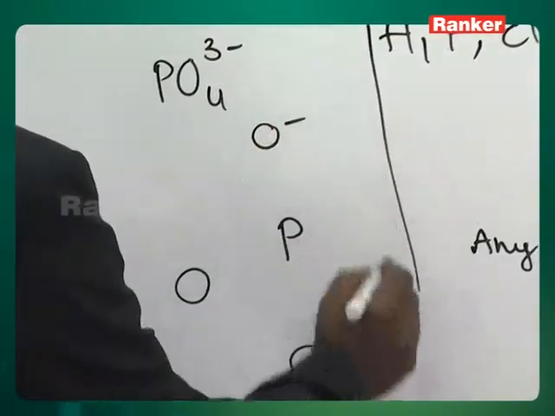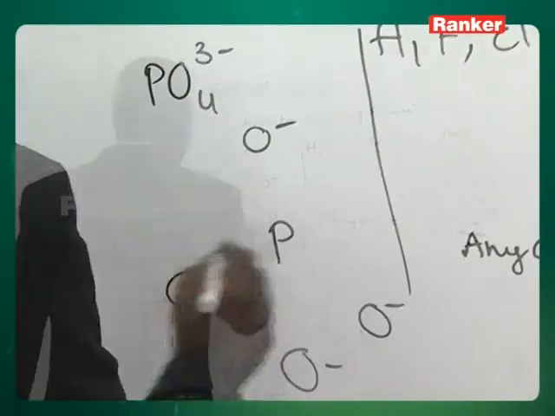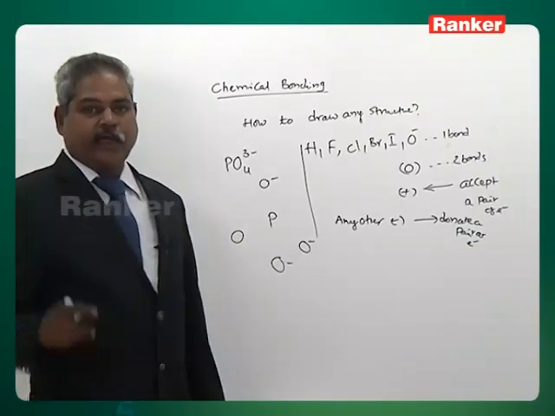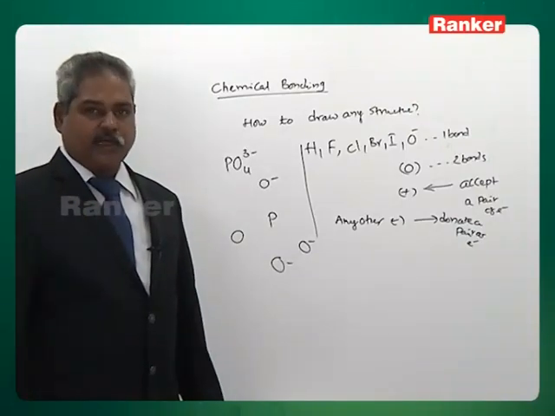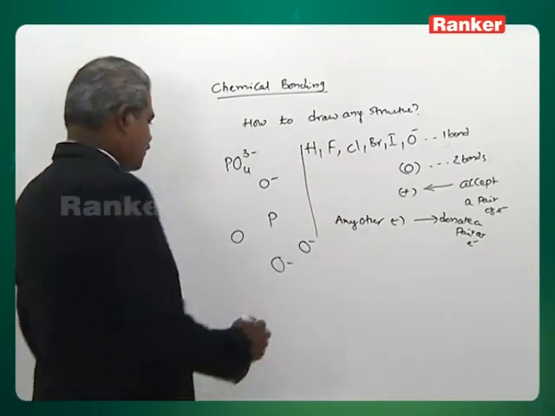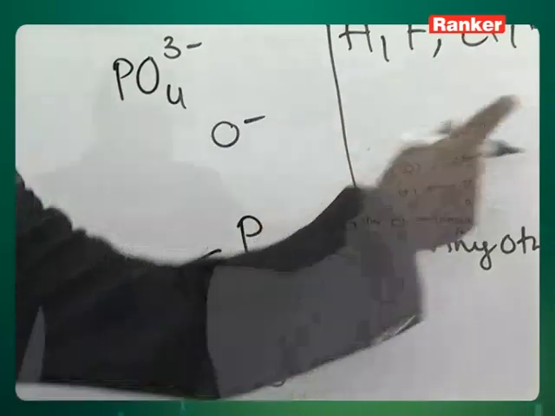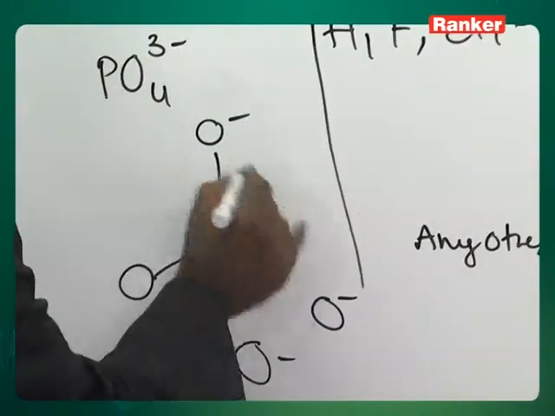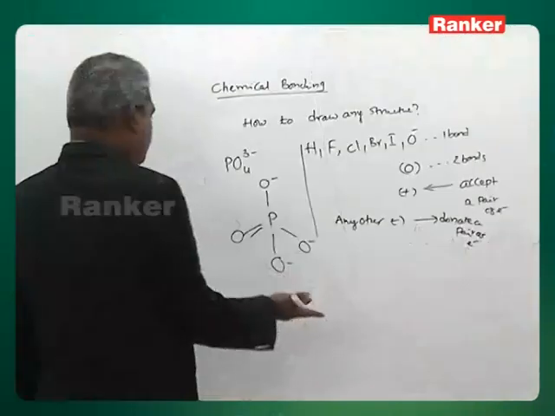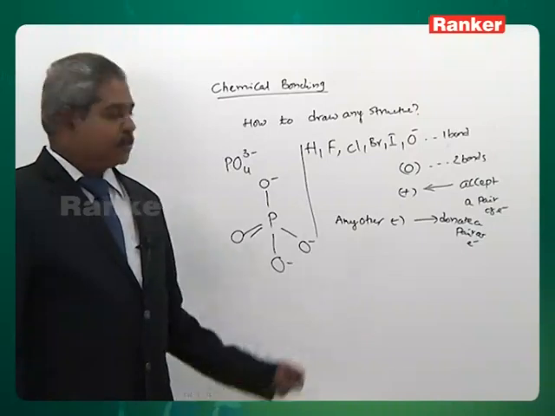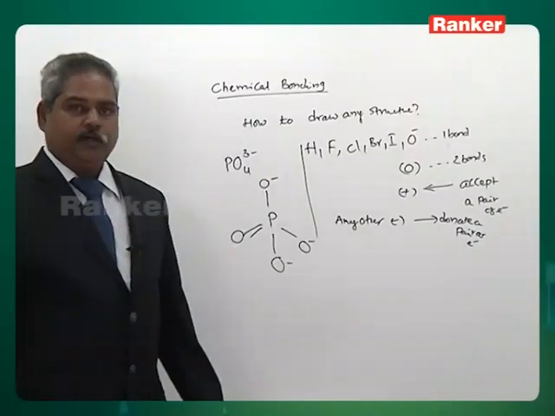So minus, minus, minus, O minus. So out of the 4 oxygens, only one is an oxygen atom, the other 3 are O minus ions. And what is the role of oxygen? Oxygen forms 2 bonds. I am just translating what I have written there. O minus forms 1 bond each. That is the structure of PO4 3 minus. Anyone can draw it by just applying a simple procedure.